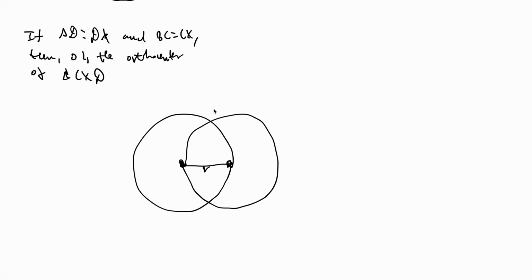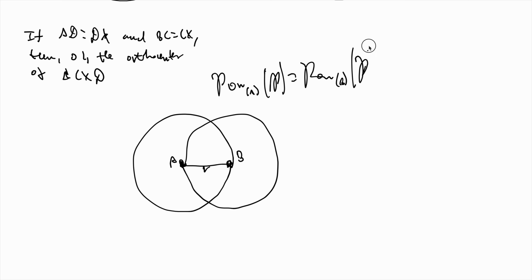The radical axis is the set of all points P such that the power of A at P equals the power of B at P. I think this is the notation they use.